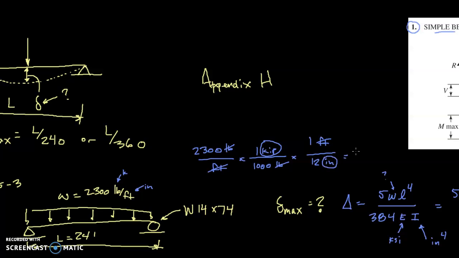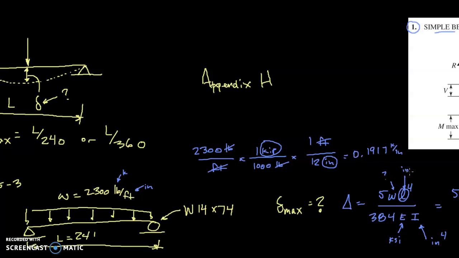And I am getting that is equal to 0.1917 kips per inch. Now the next variable in my equation here is length.